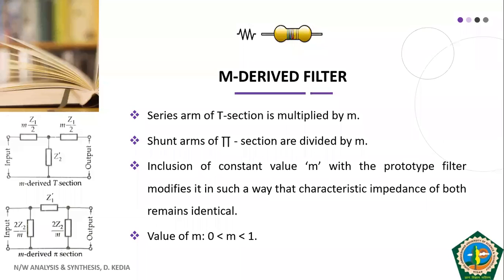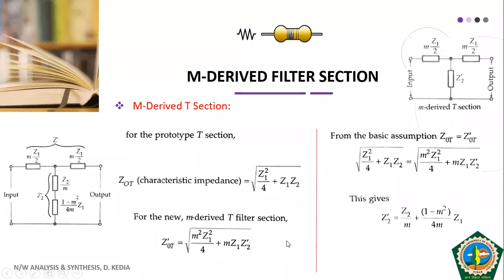And this M has been introduced in the circuit in such a way that the characteristic impedance of the original prototype filter and the M-derived filter remains the same. We had seen its analysis in the previous class as well.